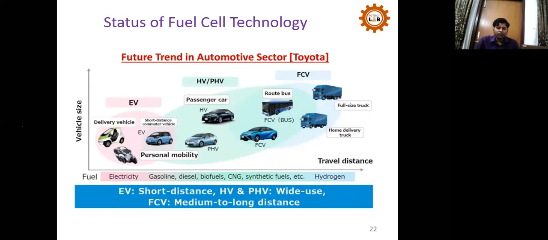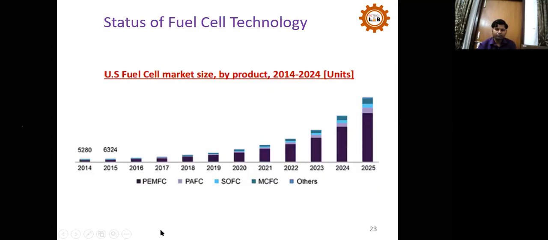Powering a small vehicle with the fuel cell is easy. So still the gasoline, diesel, or CNG based engines will be used in heavy vehicles, but for smaller ones, it can be powered by fuel cell easily.